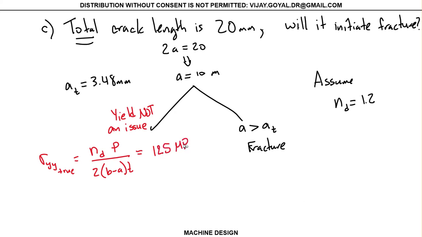125 megapascals, which will give you, multiplied by 1.2 megapascals.